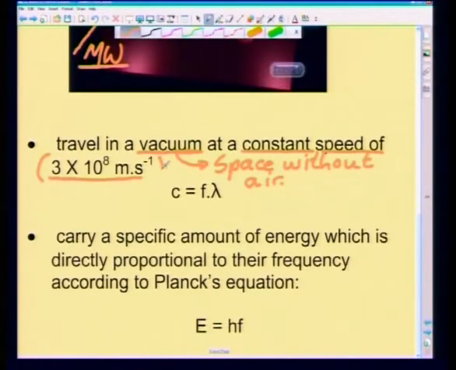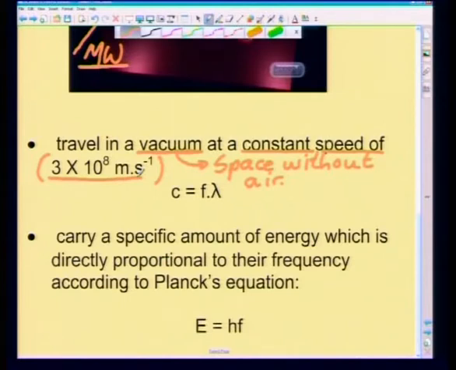The light that we see is electromagnetic radiation from the sun, and it travels through the vacuum. And of course, as it reaches the Earth, it then enters into the atmosphere where the gases begin to be present. But the fact that it is able to move in that vacuum and penetrate into the Earth at such fast speed is because of this ability of electromagnetic waves to move in a vacuum at a speed of 3 by 10 to the power 8 meters per second.